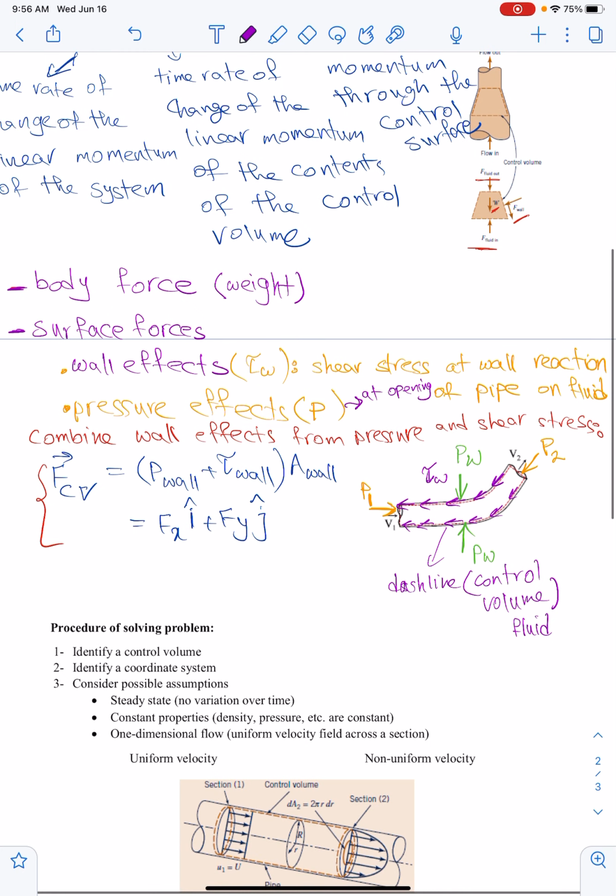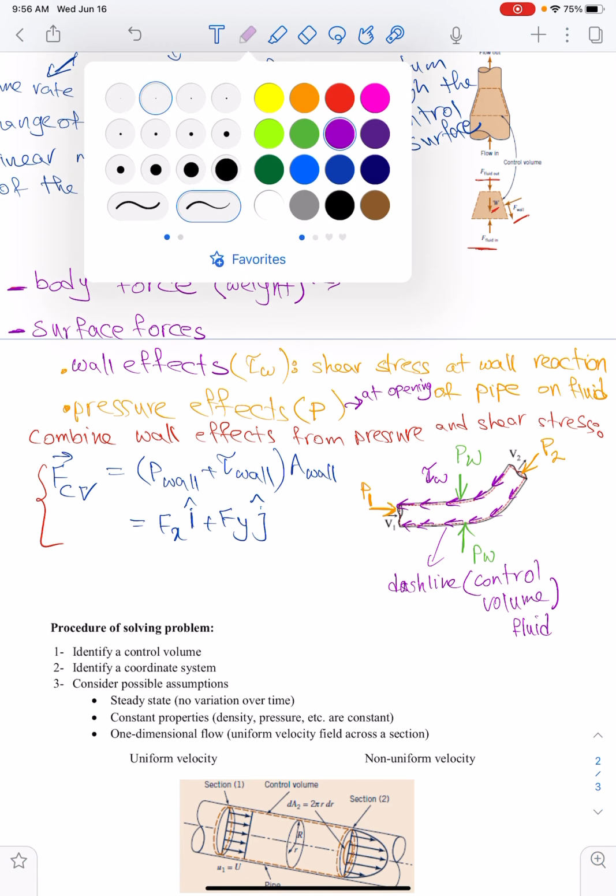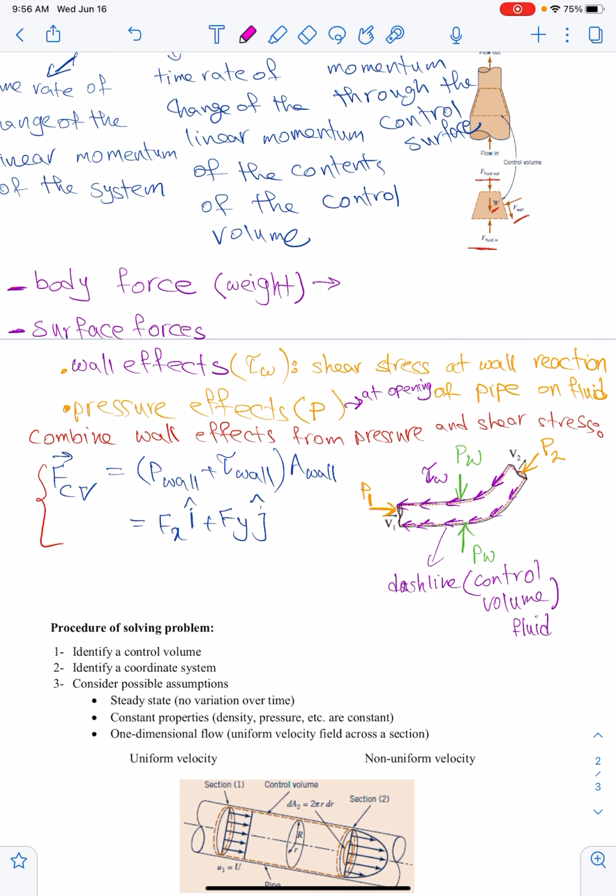And we also know the weight. Let me show it on the picture. So this is also weight, and we know that the weight, which is the weight of fluid, is gamma times area.